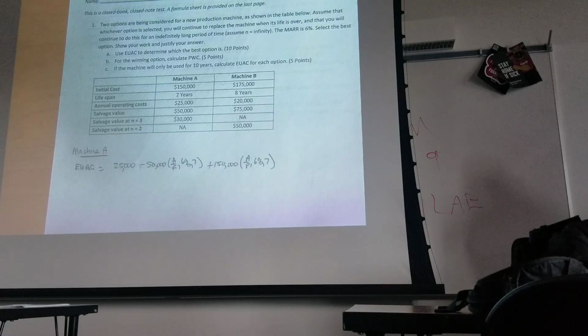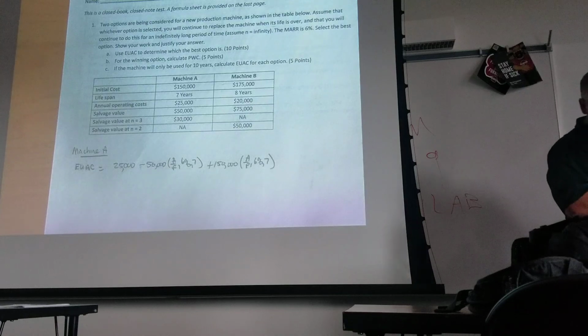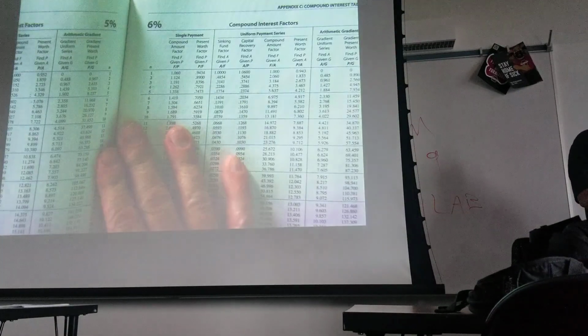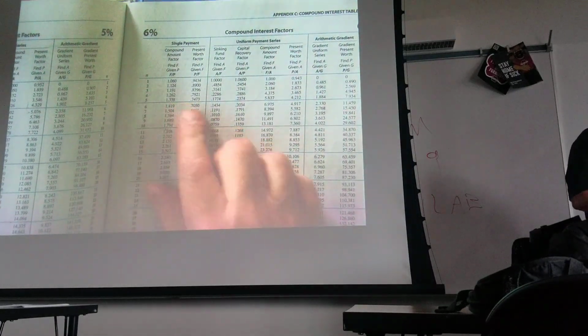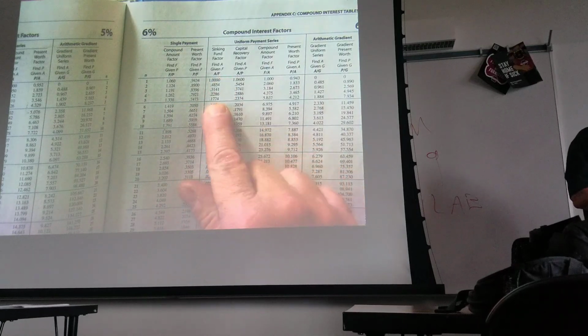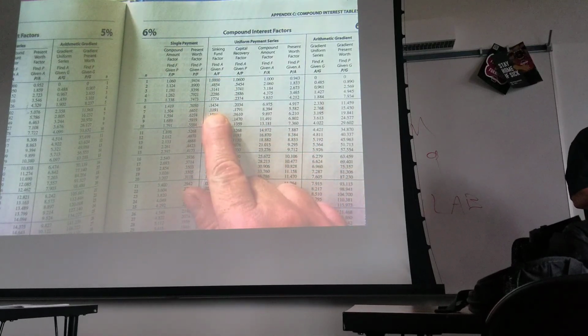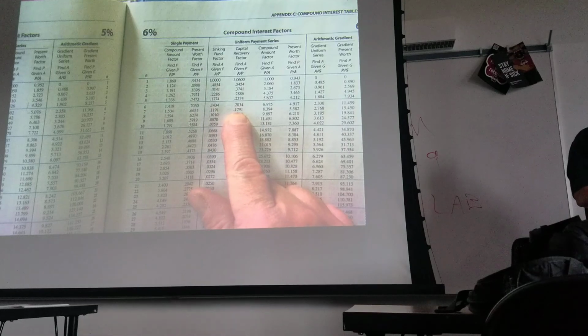So turning to the 6% table in the back, look up A over F and A over P for 7 periods. A over F is 1191 and A over P is 1791.